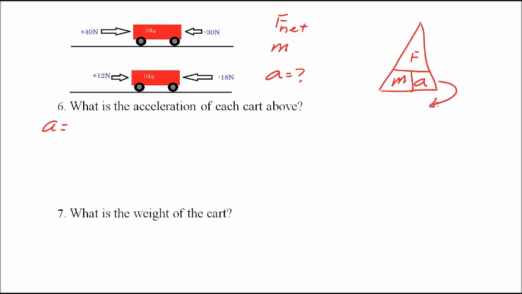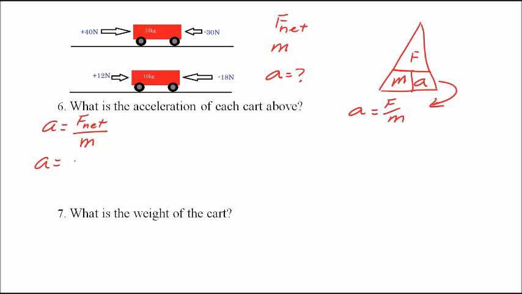So if I want to calculate acceleration, acceleration is equal to force divided by mass. And of course we're going to be using the net force for that force. So this equation becomes net force divided by the mass.